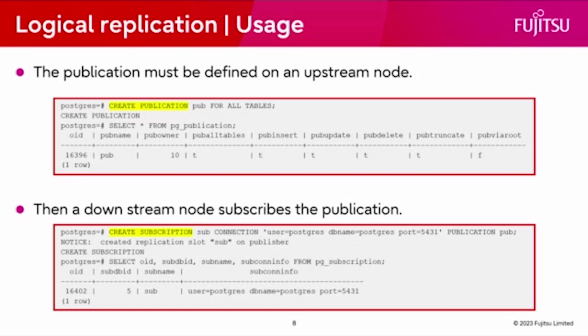The above box shows an example, and it seems all operations, insert, update, delete, and truncate, will be replicated to the downstream side. And then, to receive changes, the downstream must subscribe to the publication. The relationship can be created via the CREATE SUBSCRIPTION command, and the information will be added to the pg_subscription system catalog, like the bottom box.